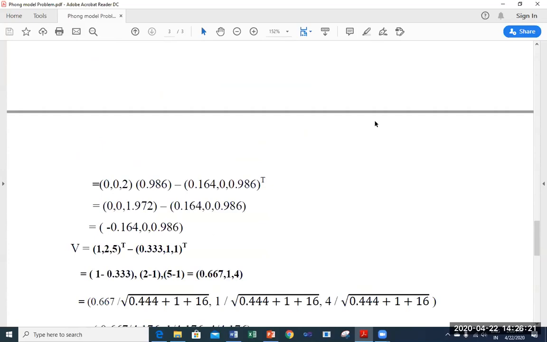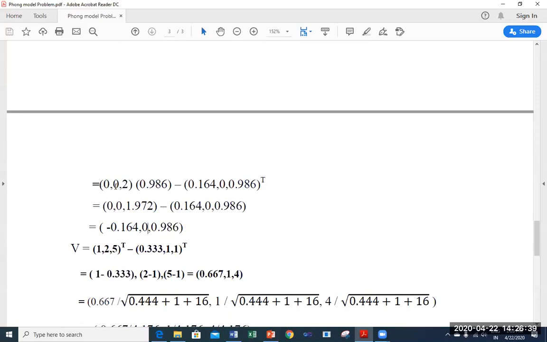Okay, and so put together, you calculate R minus 0.164, 0, 0.986.